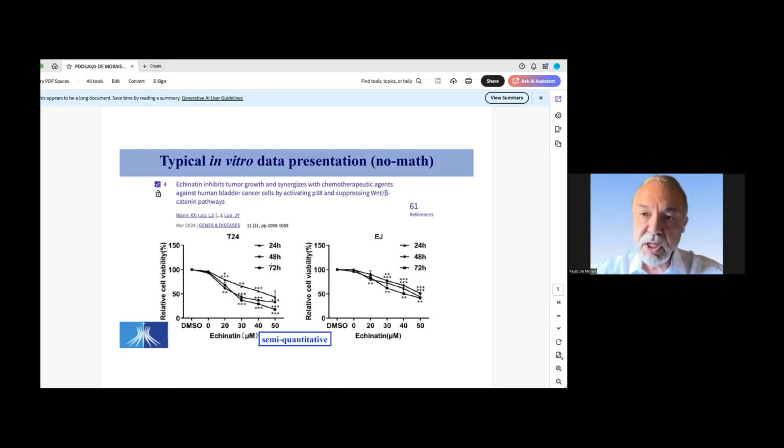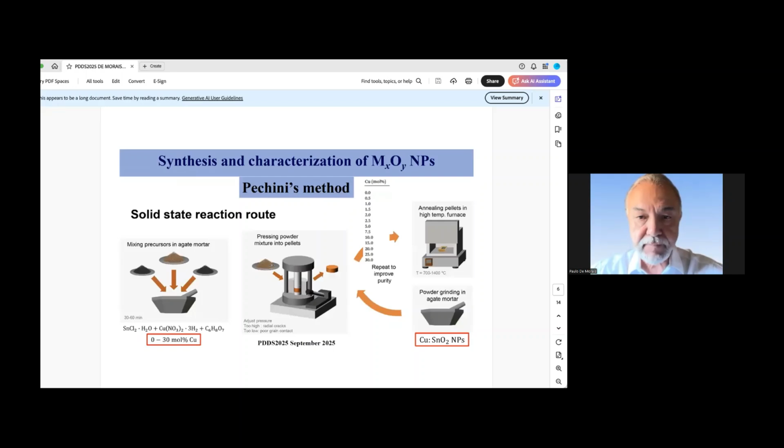Beyond this, with qualitative analysis it is very difficult to make any precise prediction you can extract from this data. So now let me show a little bit about the material we use to challenge two cell lines and show you how we performed the analysis of the data.